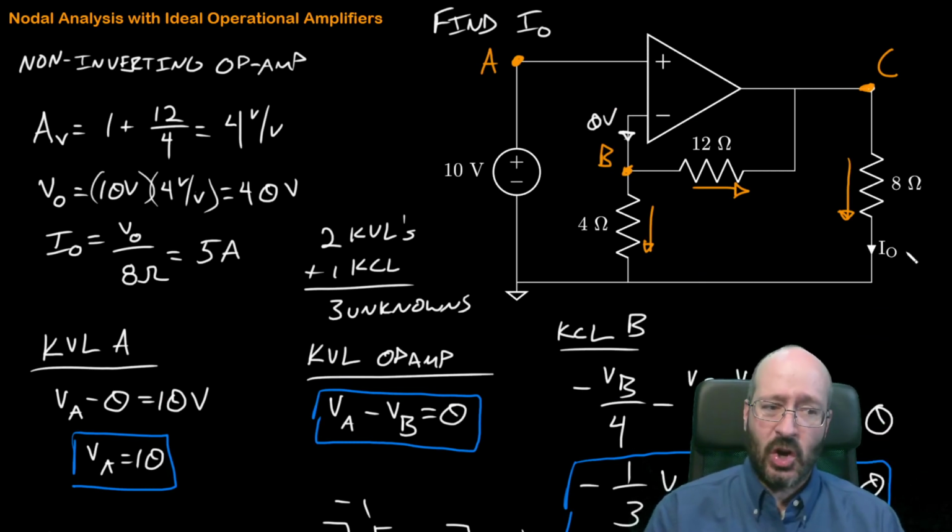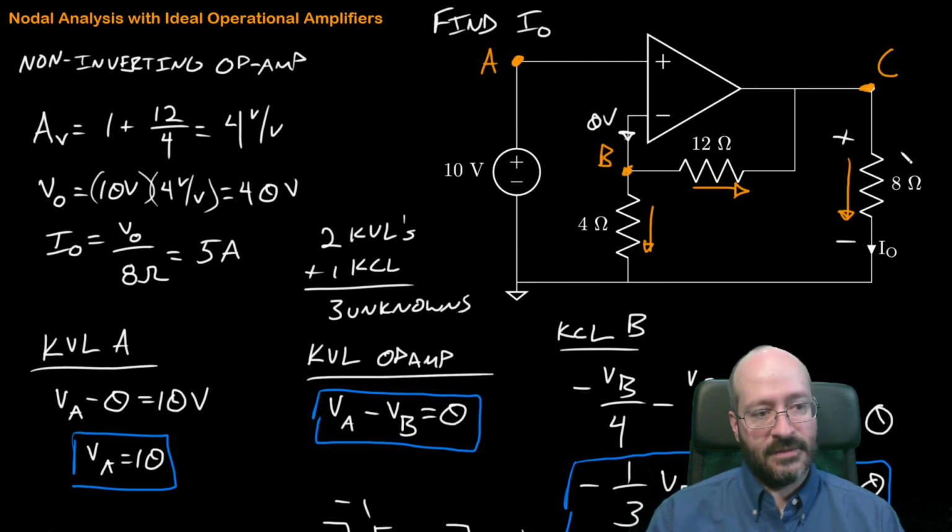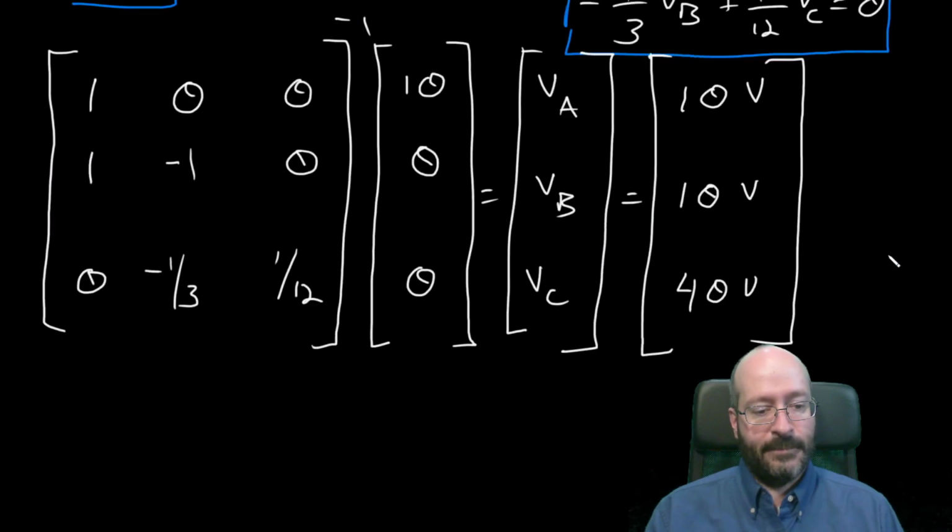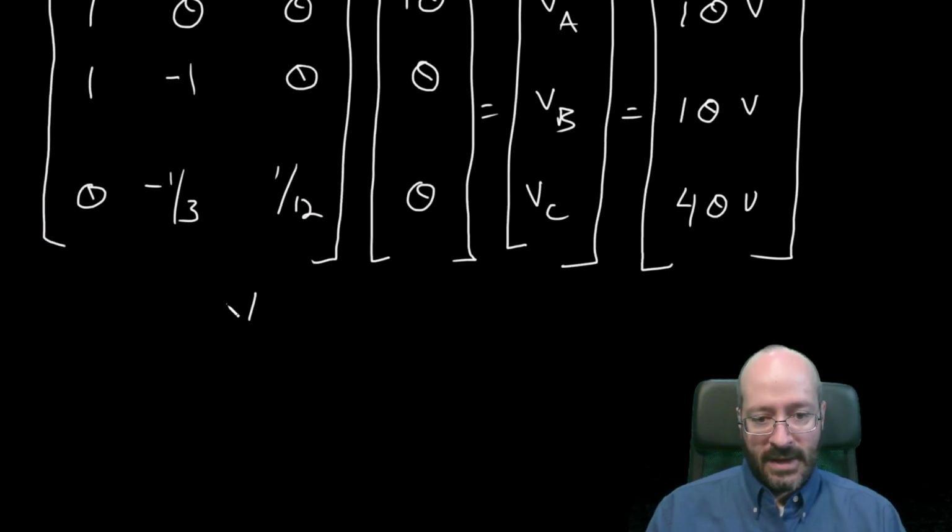Because it's a current through a single passive element. So the polarity, according to passive sign convention, is going to look like that. VC minus 0 over 8 is going to give me I out.